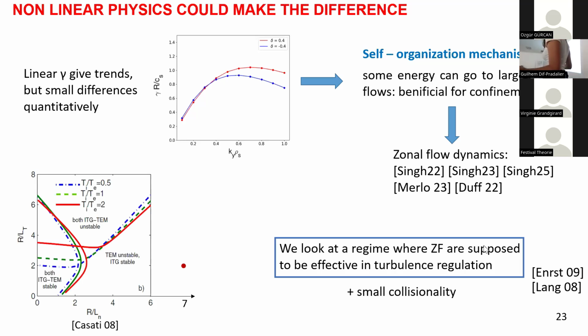In particular, here I show you a plot with the temperature gradients as a function of the density gradients. This region here is a region where trapped modes are unstable, so are playing a role in turbulence. And in this region, we have a certain probability to find effectiveness of zonal flows in turbulence regulation by TEM. So we put ourselves in this region to have the maximum probability. And we have some small collisionality.